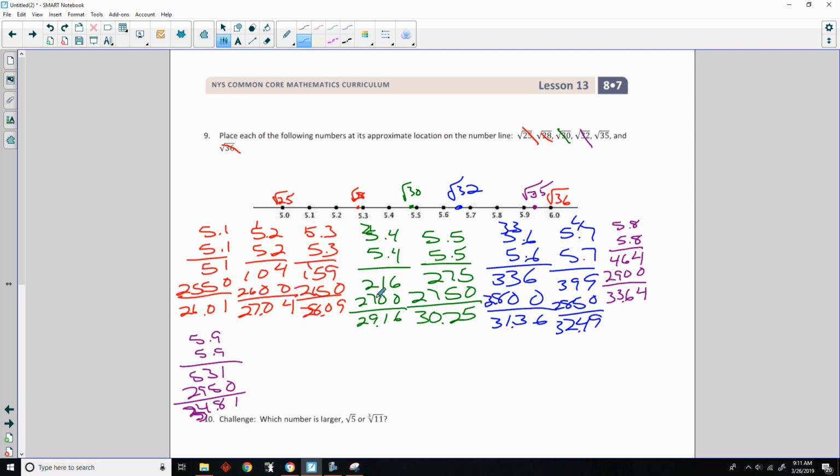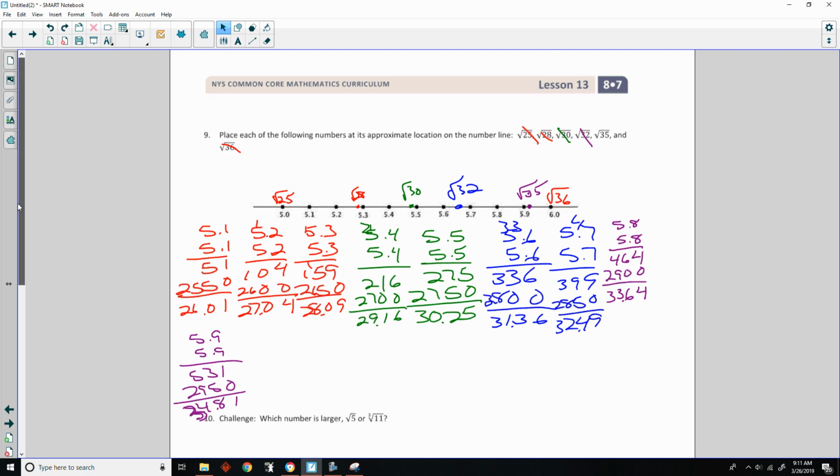It's only 0.19 away, so that would make me move this closer to 5.9. Okay, so there it is. We approximated the locations of these square roots on a number line in tenths.